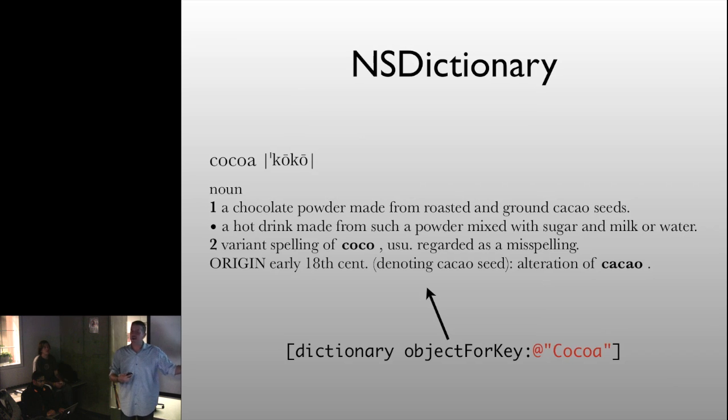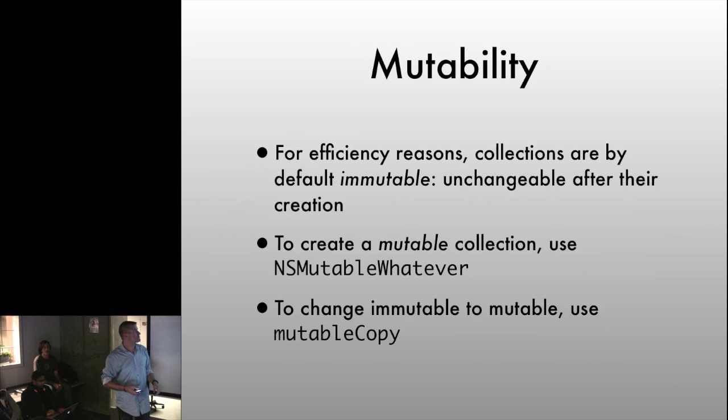We're going to use Coco, and you can ask for the key value pair, like I had said, using a string. Remember, the string literal is an @ sign surrounded by quotes around the text, and you ask for an object for a key, and you get the value back. And in this case, the value is this dictionary entry.